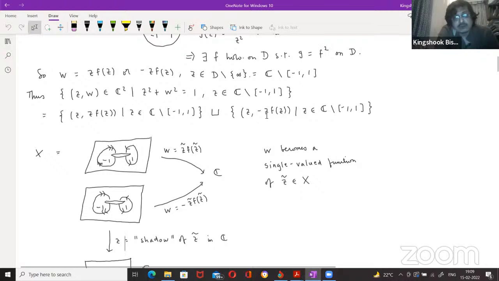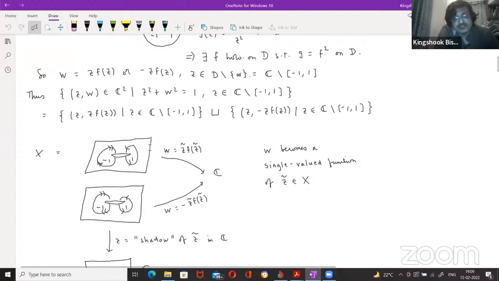All right. Now, both of these two sets, these are graphs over the z plane. So we can think of each of these as a copy of this domain C minus the interval -1, 1. All right. So this gives us, in Riemann's mind, two sheets of a Riemann surface. So what we do is we take two copies of this domain, C minus the interval -1 to 1. In each copy we have a function W, which is a single valued function of z, right?